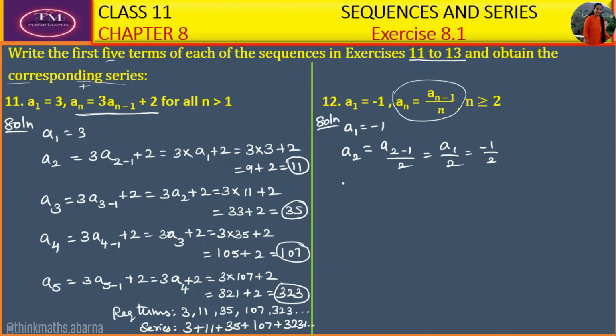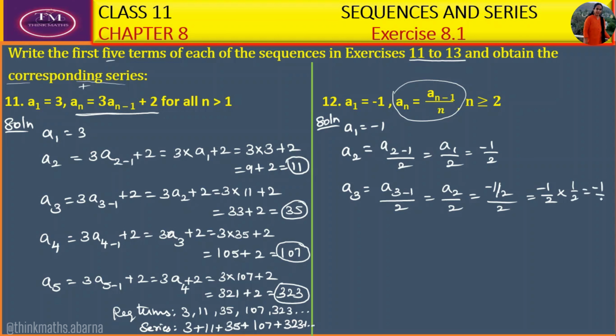Yes, this is a2. Next, a3. a3 is equal to a3 minus 1 divided by 2. So it is a2 divided by 2. What is a2? a2 is minus 1 by 2 divided by 2. So minus 1 by 2, this is in the denominator, so this is like 2 by 1, which can be written as into 1 by 2.